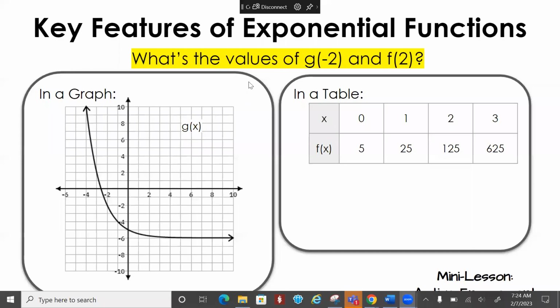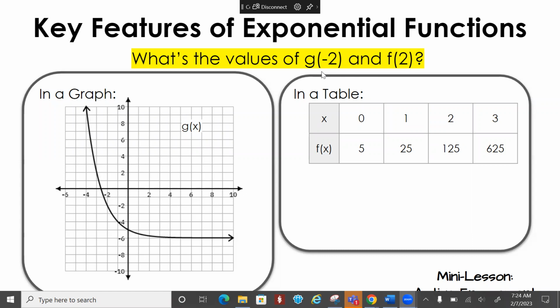Okay. So these questions, g of -2 and f of 2, you have to pay attention to which table or which graph is which. So when they say g of x, are they referring to the graph or are they referring to the table? They're referring to the graph, right?